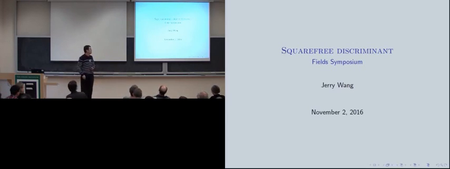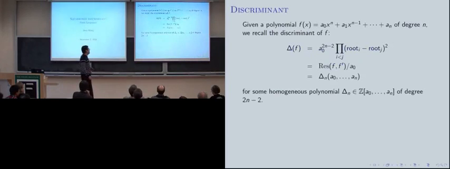Okay, so I want to report on this joint work with Manjul and Arul on square-free discriminants. So let me begin by recalling what discriminant is. If you start with a degree n polynomial, then you can define the discriminant by taking the product of the squares of the differences of the roots, or you can define it as the resultant of f and its derivative. If you're only working with monic polynomials, then that's it. But if you want to work in the general case, you have to modify by the leading coefficient a little bit.